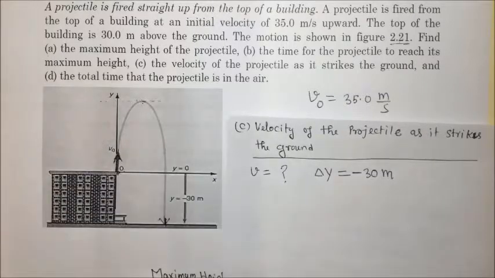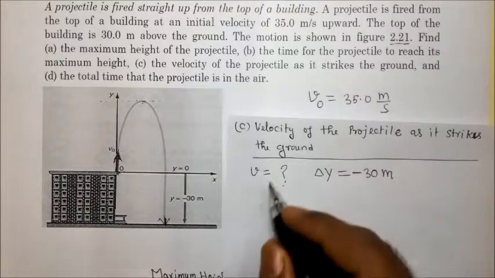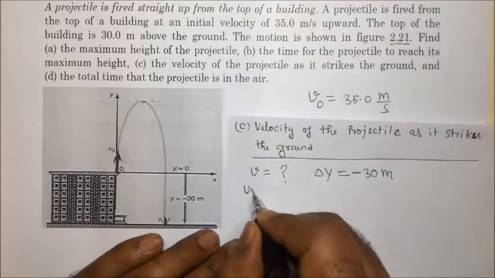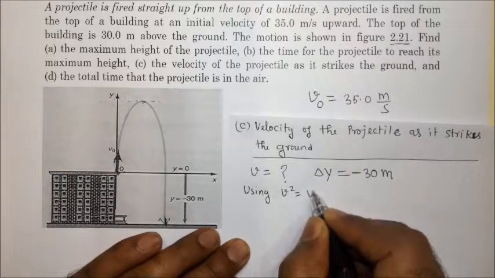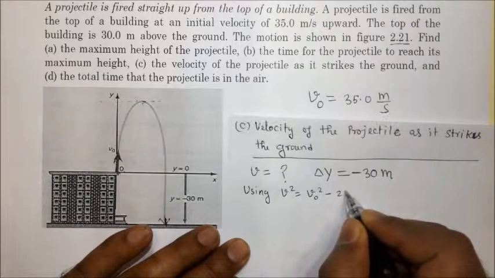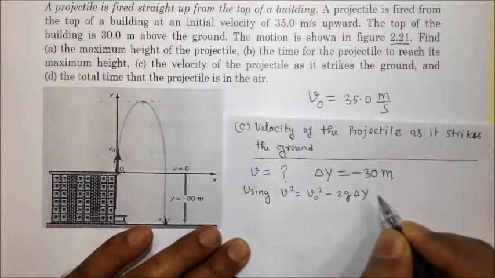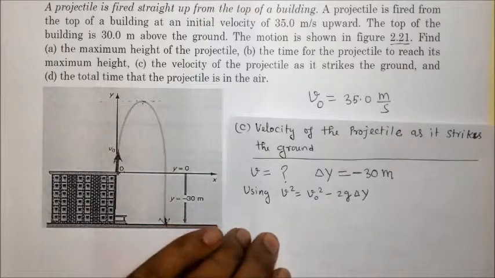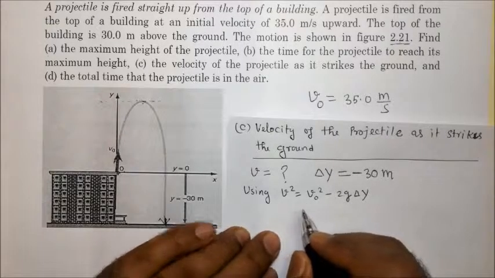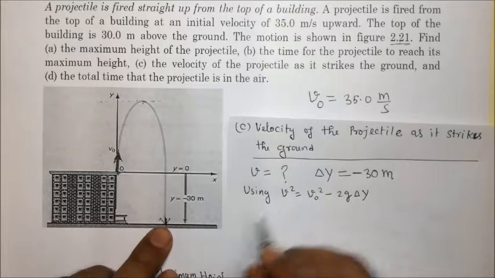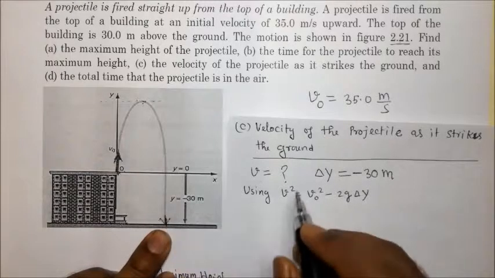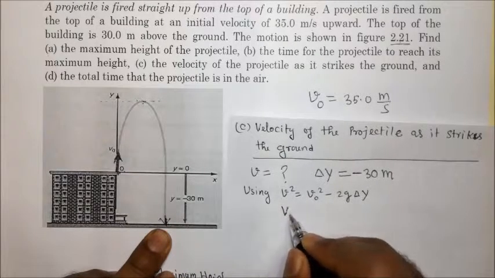So using V final square is equal to V initial square minus 2g delta y, and I can say V final when it hits the ground, I can give the name Vg.